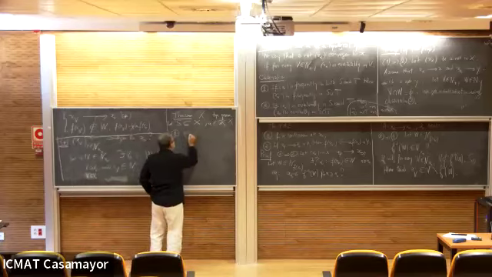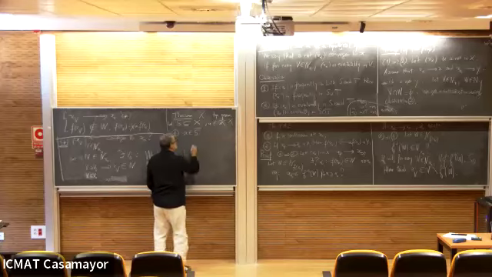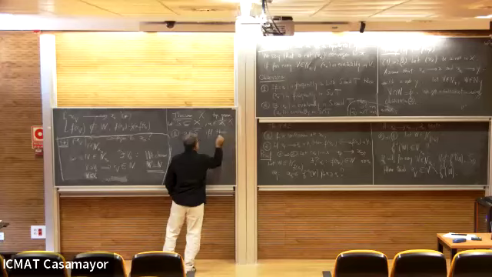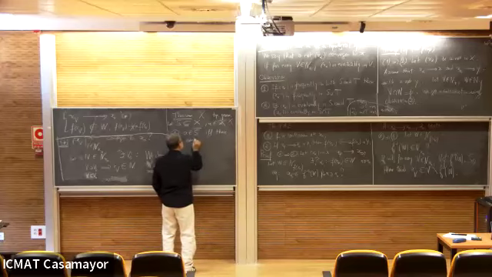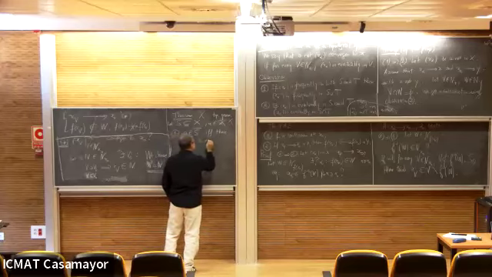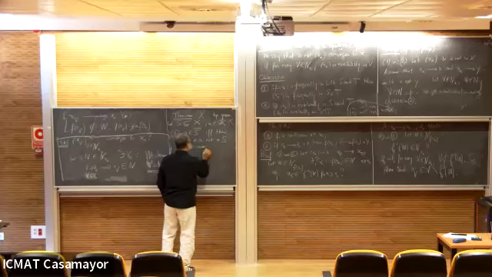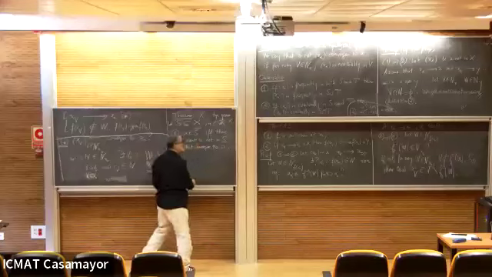So A belongs to the closure of S if and only if there exists a net in S that converges to A.